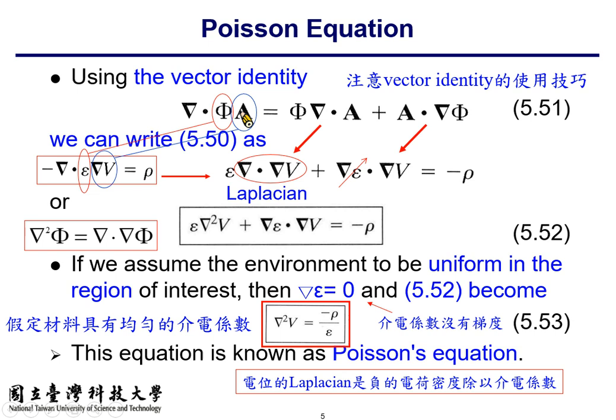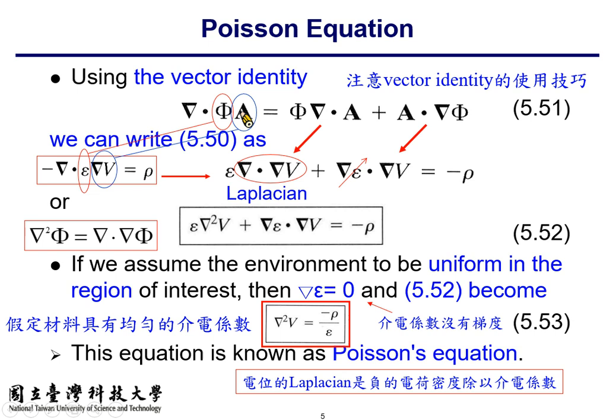Note that the second term is the dot product of the gradient of permittivity and the gradient of voltage V.